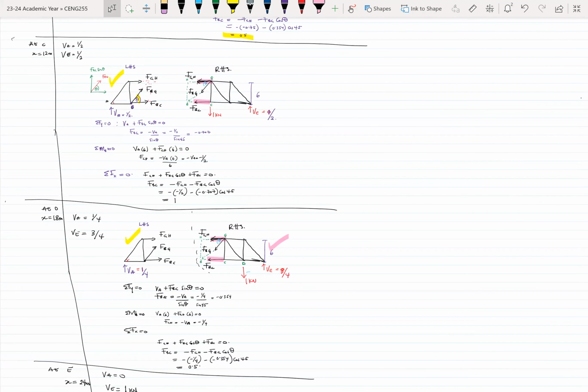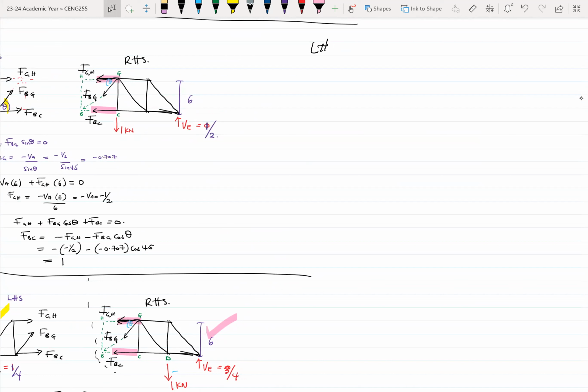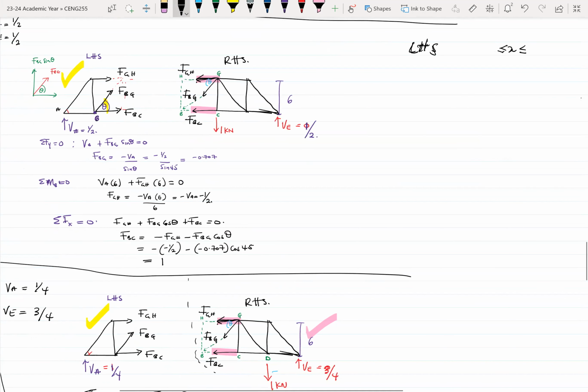Now, for the other parts, we're looking at the left-hand side, where our x moves from 12 meters to 24 meters, so from C towards E. Again, we can formulate the equation for the left-hand side.